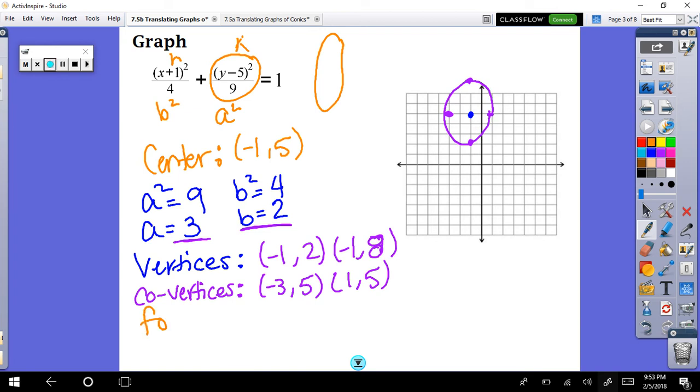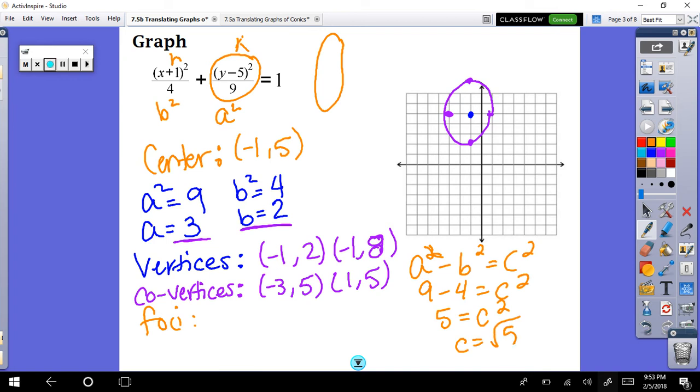Then the last step is to find the foci, in which case we need that a squared minus b squared equals c squared. So we have 9 minus 4 equals c squared. So that's going to be 5 equals c squared. So c is going to be the square root of 5. So our foci will be at negative 1.